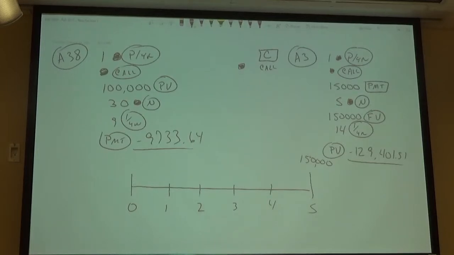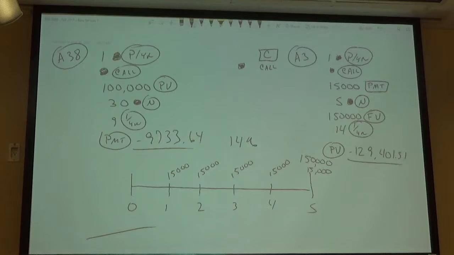We're also going to get $15,000 a year for each year. And we're going to be getting a 14% return. So what we're solving for is how much is all of this worth to us today? And that's where we get the 129,401.51.